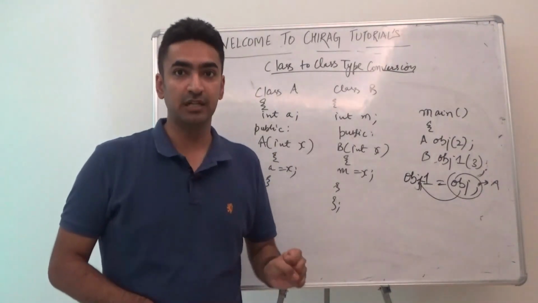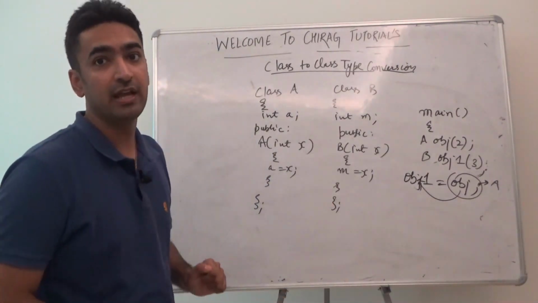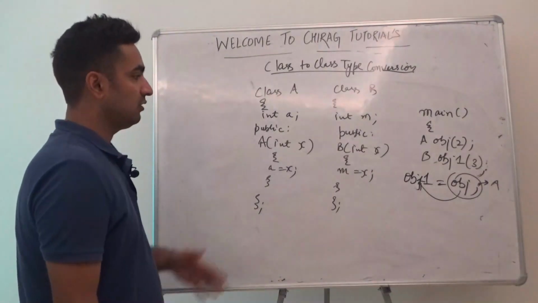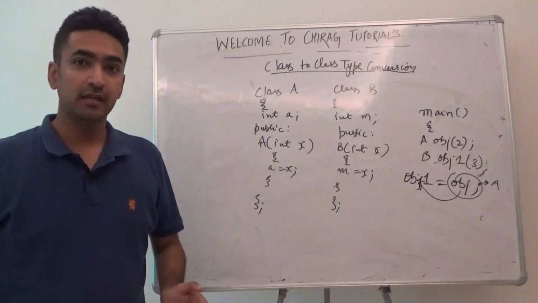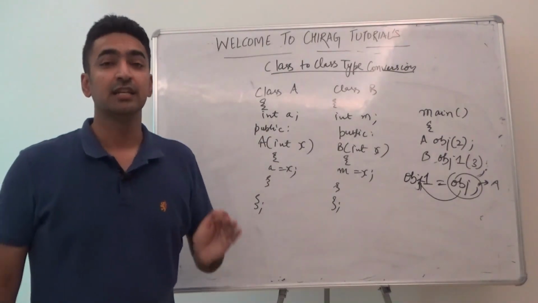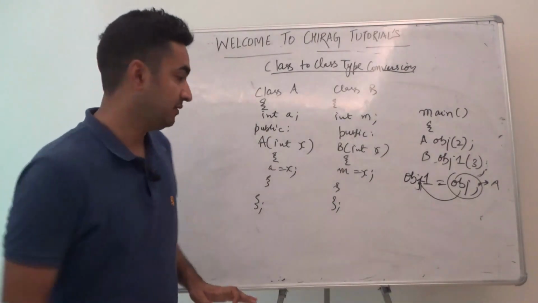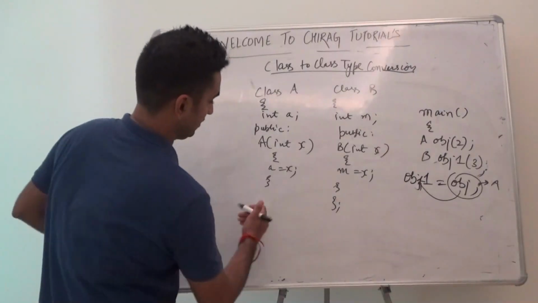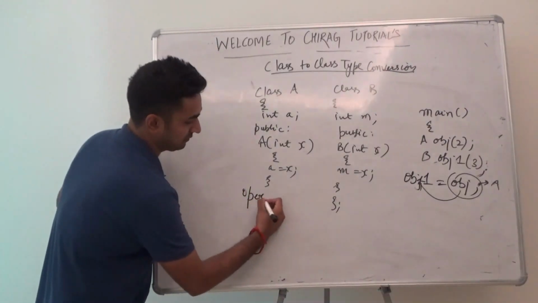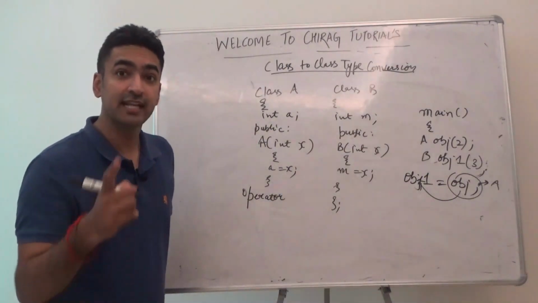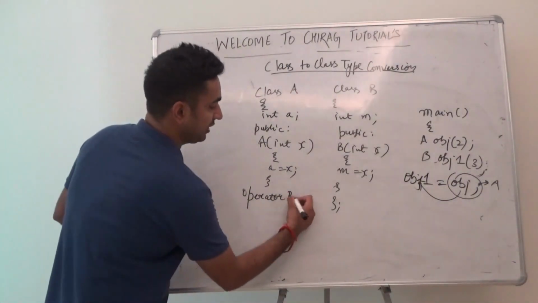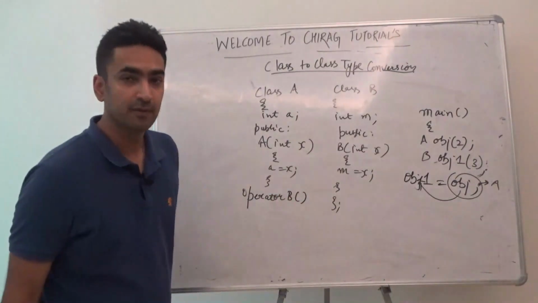Now where should I apply it, class A or class B? Clearly, we are converting into class B, so we are going to write operator B over here.